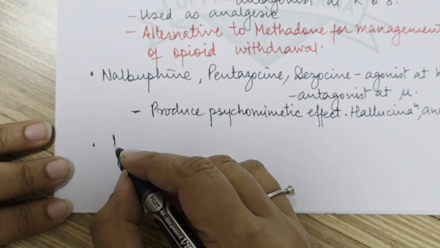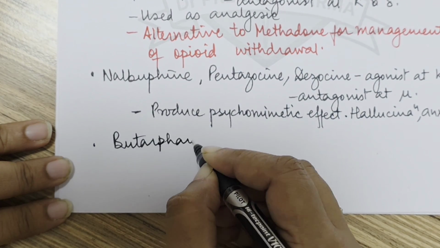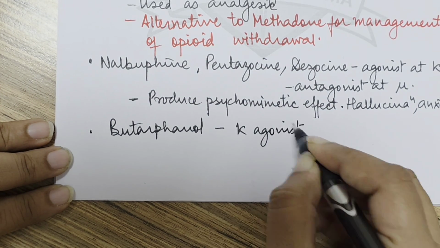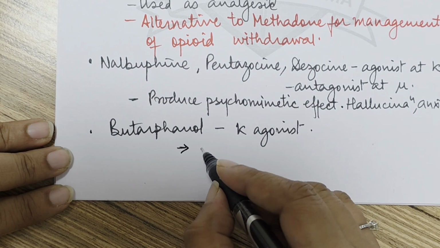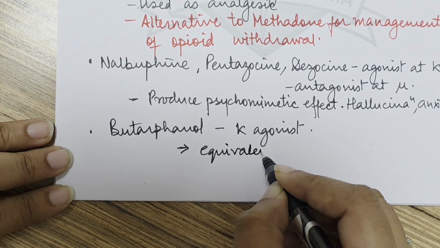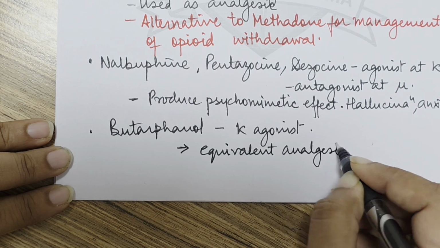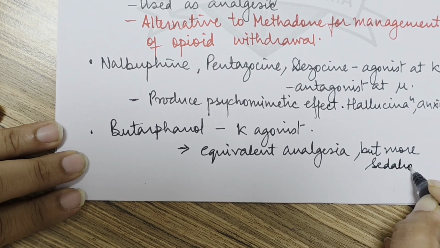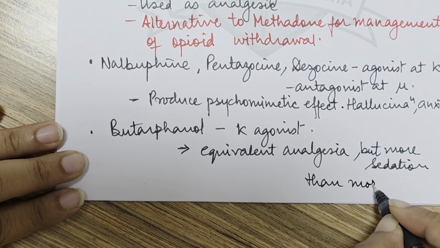Then the third drug in this category is butorphanol. Now this butorphanol is a kappa agonist, right? So it produces equivalent analgesia but more sedation than morphine, right?